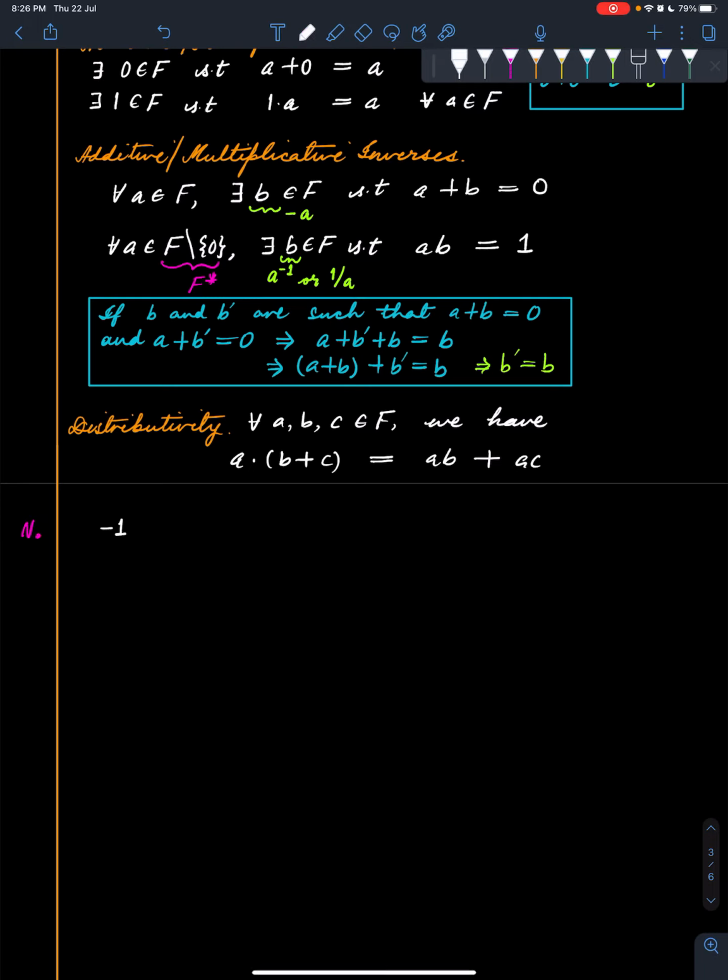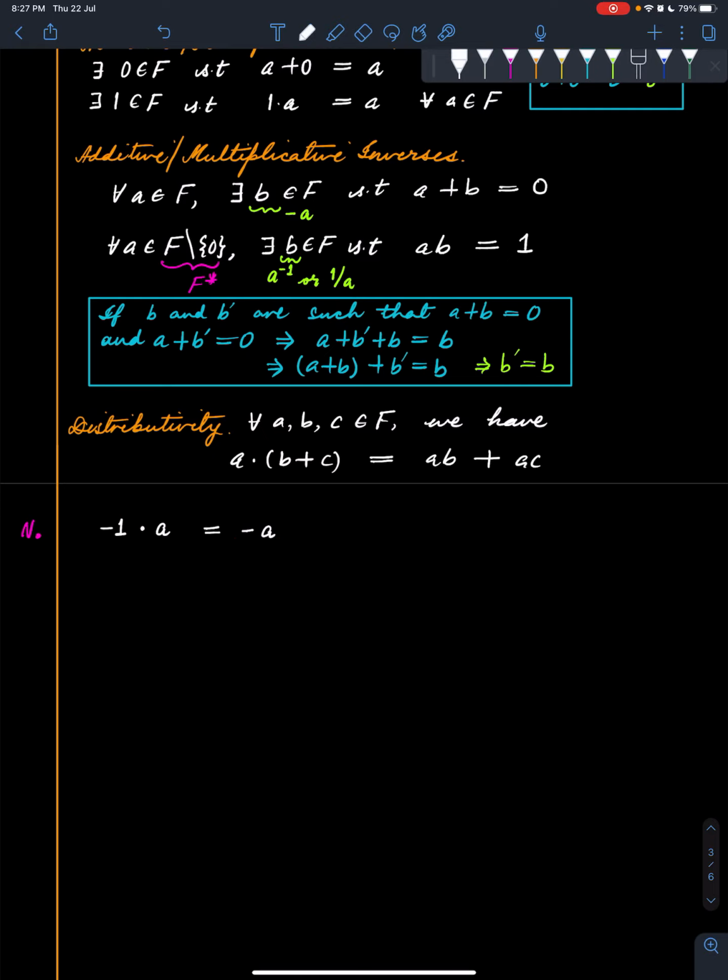Minus 1 is the additive inverse of 1, which exists via this axiom. And suppose I multiply that by any element A of the field. I want to say that this is the additive inverse of A. So one should realize that there is something to be proved here. This is the additive inverse of 1, and we multiply that with A, and we are saying that that is equal to the additive inverse of A.